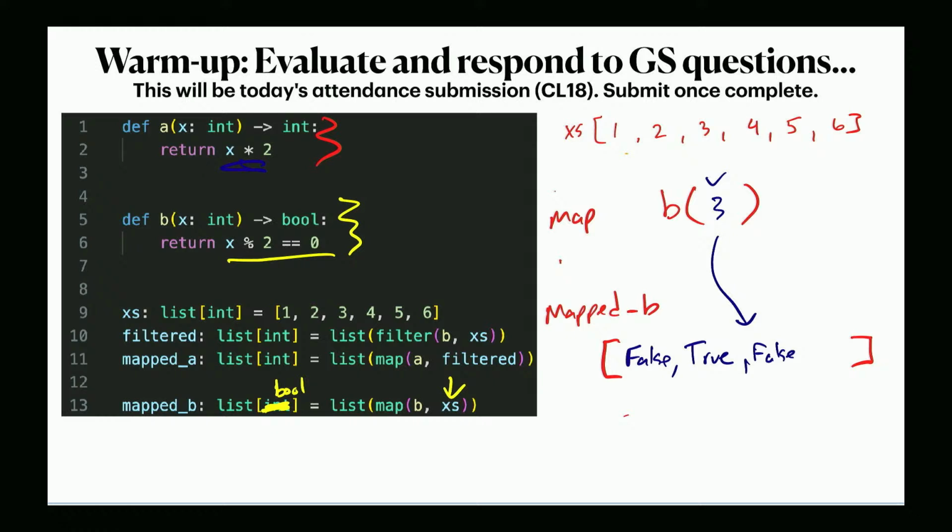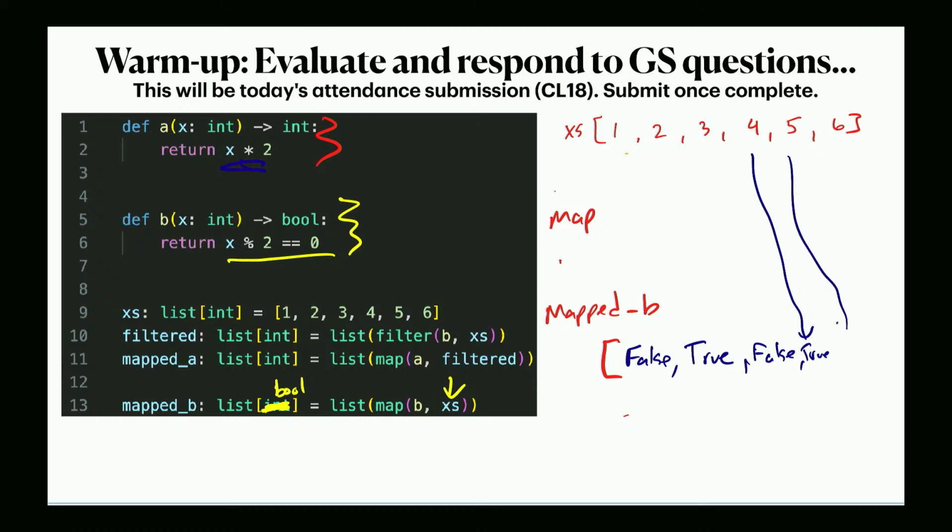Similarly with 4. I'm actually going to skip over this middle step. 4 would be true. 5 would be false, and 6 would be true.